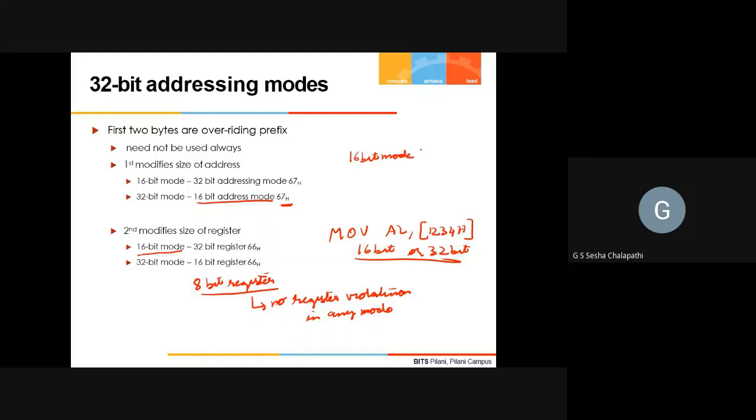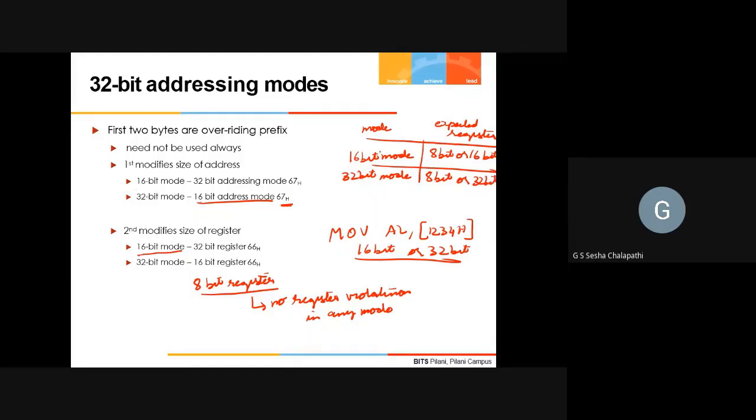the expected registers are 8-bit or 16-bit. In 32-bit mode, the expected registers are 8-bit or 32-bit.